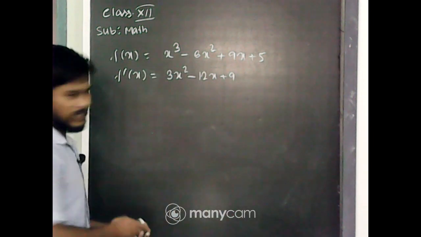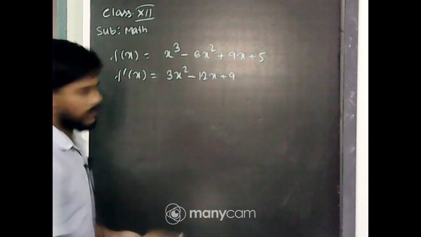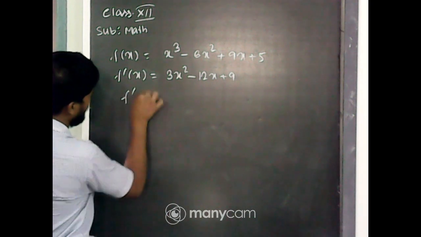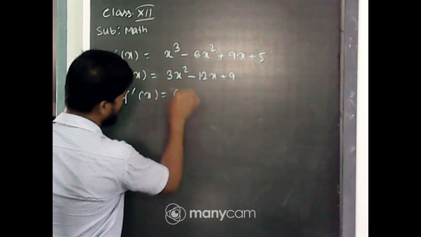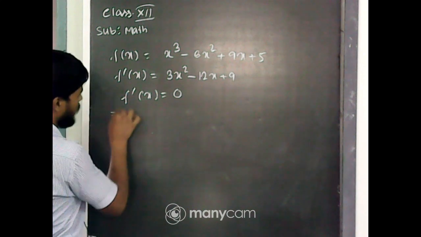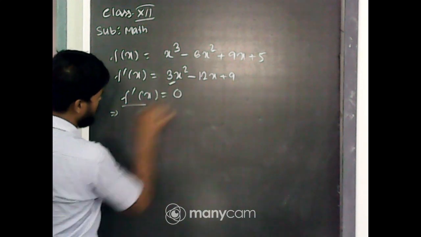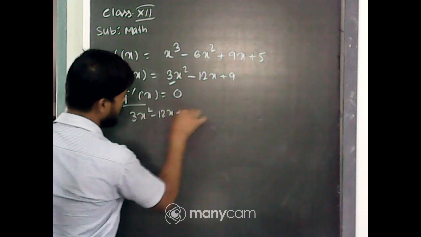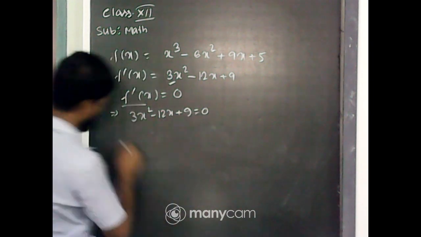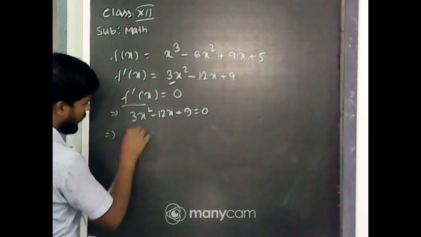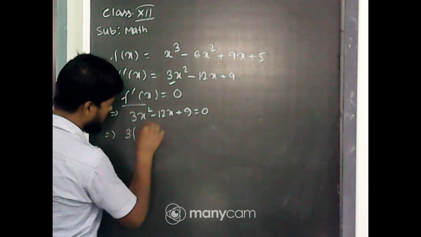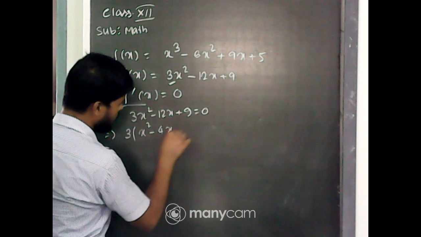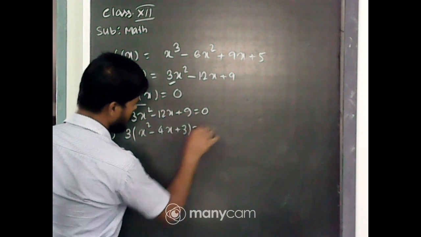Now calculate the critical point. We know that the critical point can be calculated by equating f'(x) with 0. That implies 3x² − 12x + 9 = 0. Now if I take 3 common, it will be x² − 4x + 3 = 0.